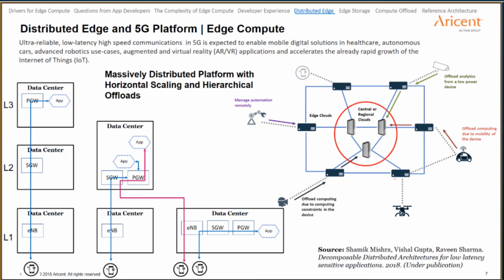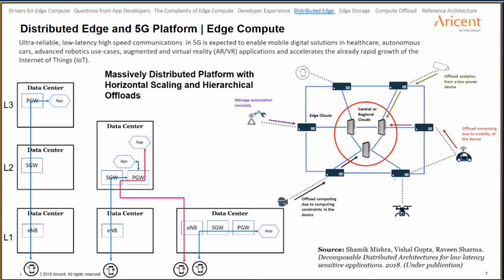If, for example, your application can tolerate 50, 60, 70 milliseconds, but is extremely mobile, then most probably you would like to move the application a little behind in the network, maybe to a central office or a regional data center, so that you don't have to worry about migrating workloads from one base station to another as the device moves on.